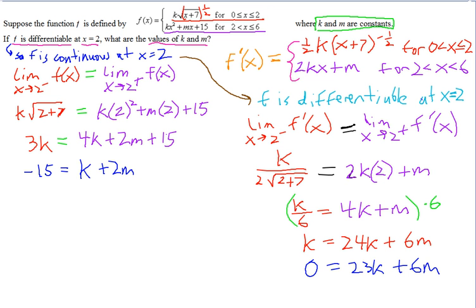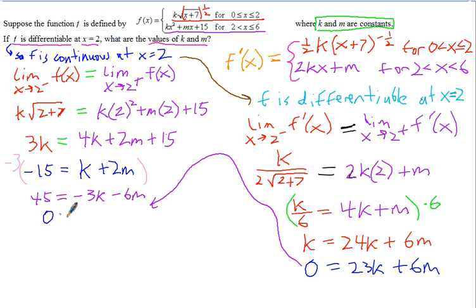And then we're going to eliminate the k's or the m's. It's probably easier if we eliminate the m's. This is 2m, this is 6m, so if we multiply this one by negative 3, that will make this one 45 equals negative 3k minus 6m. Then move this one over here, so we get 0 equals 23k plus 6m.